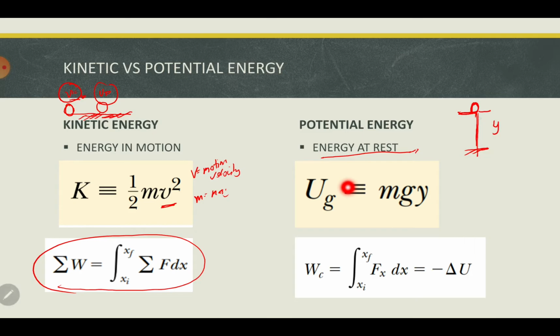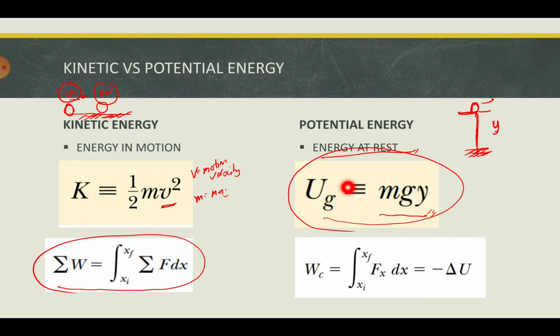Considering this free body diagram, you may see that at the point y, your potential energy is equal to Ug equals mgy: mass multiplied by gravity multiplied by y. This formula is called the gravitational potential energy.